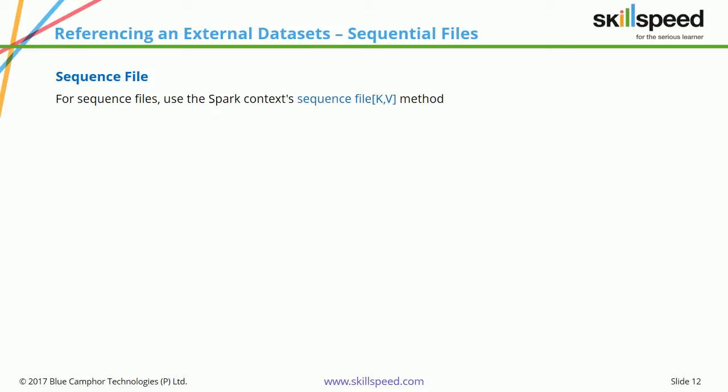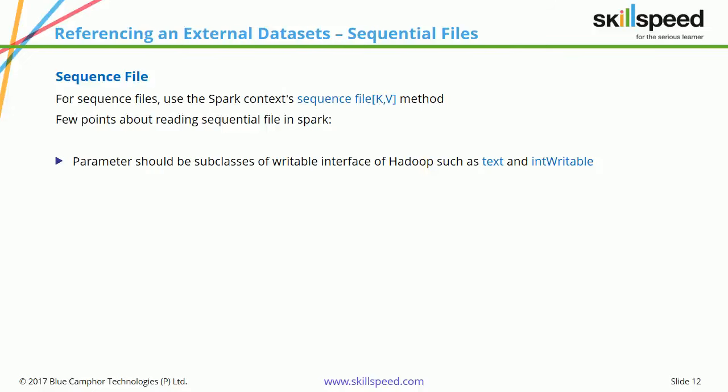You can use the SparkContext sequenceFile method to read a sequence file, but what are some of the considerations you have to take care of? The parameters should be subclasses of the Writable interface of Hadoop, such as Text and IntWritable. Text, IntWritable, and other subclasses are used extensively in Hadoop to represent the data types of keys and values.